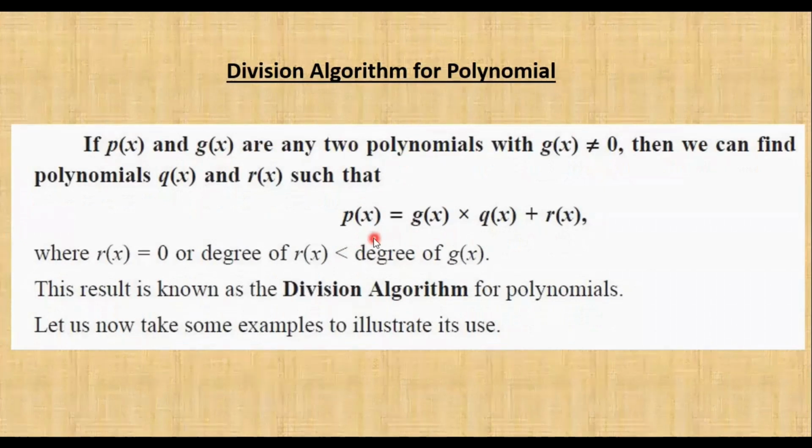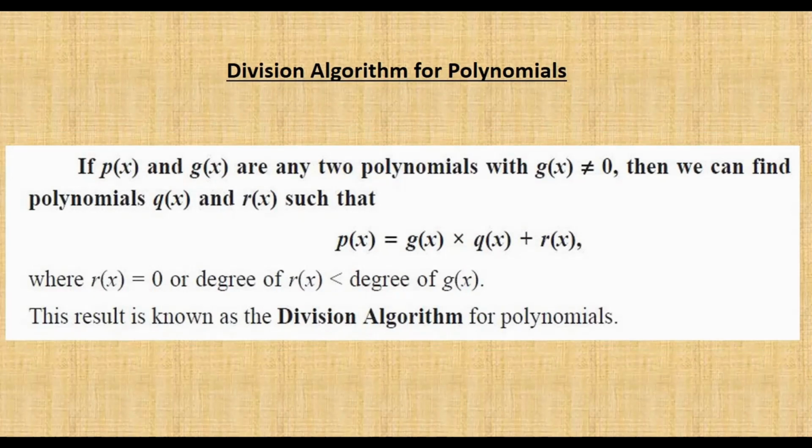P of x, that is the dividend, is equal to the divisor, g of x, into the quotient, q of x, plus r of x, the remainder.